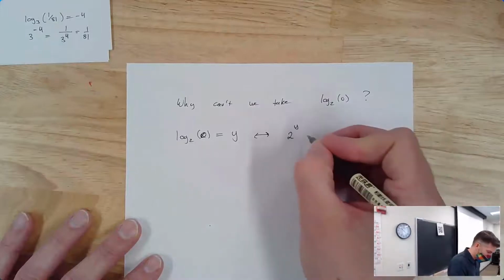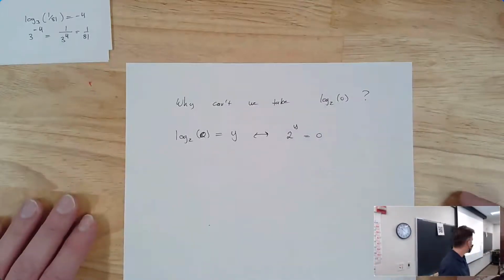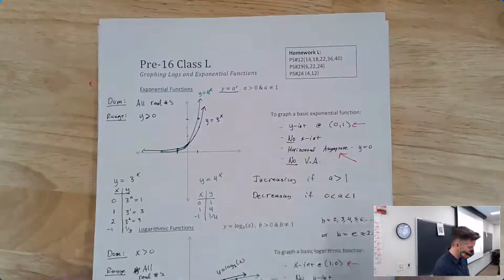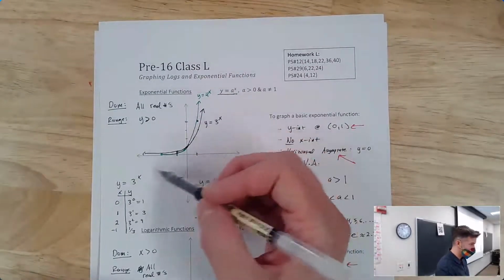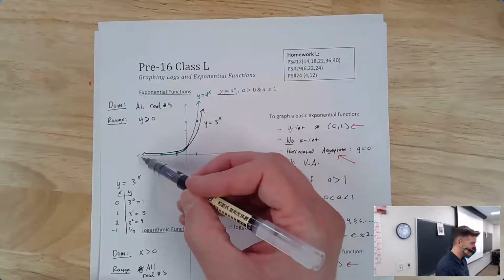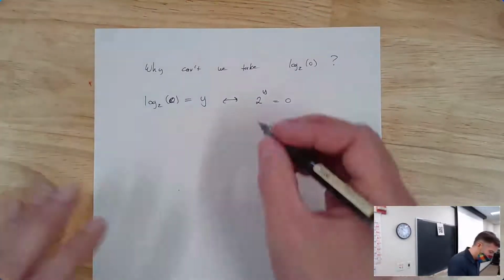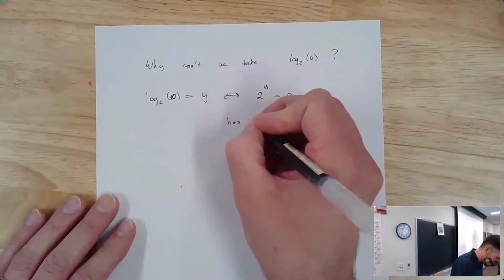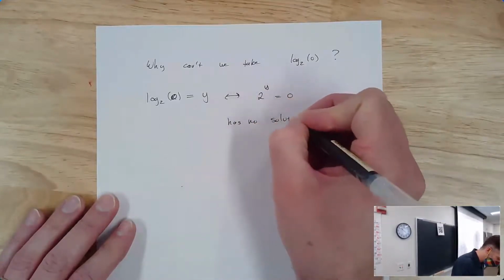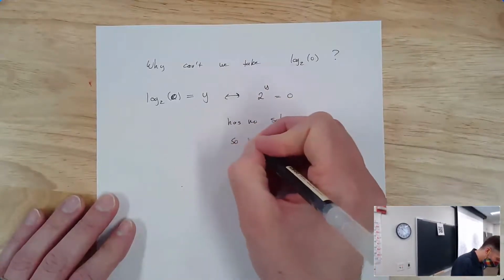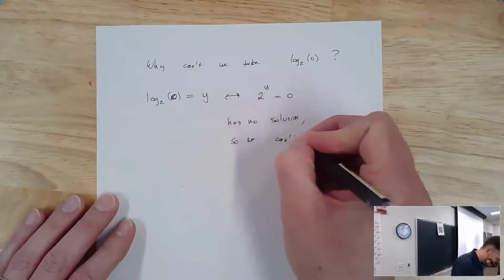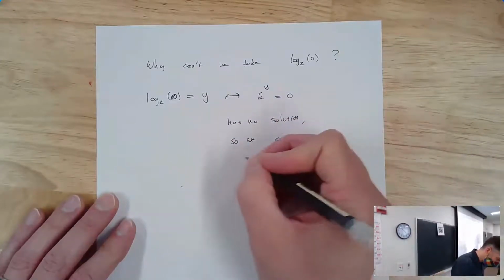What's it equal to? Does 2 to the y ever equal 0? No, I mean, look, right? You could graph 2 to the x like that, and 2 to the x would never, ever, ever equal 0. So this has no solution. So we can't take log base 2 of 0.